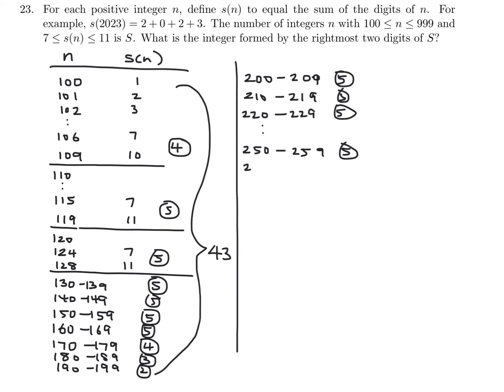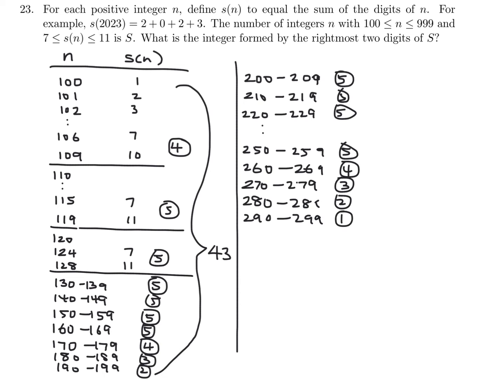And then once you get to 260 to 269, you only get 4 because 260, the sum of the digits is 8. So you will never get a sum of the digits of 7 in that 10 range. And then 270 to 279 would give you 3. 280 to 289 would give you 2. And then finally 290 to 299 would give you 1. And this is 40.